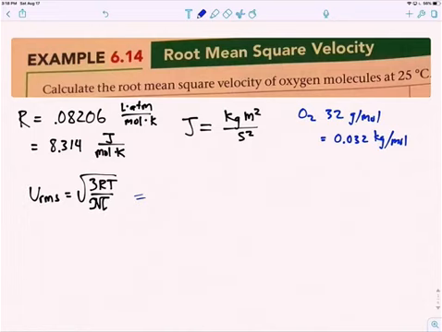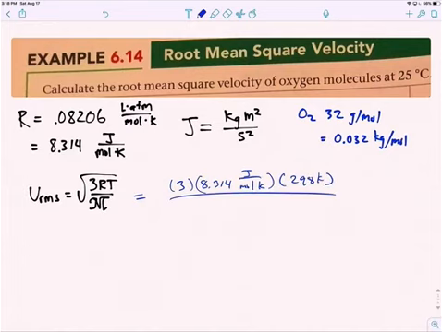So 3R, where R is 8.314 joules per mole Kelvin, times the temperature, 298 Kelvin, all over, now I'm going to use 0.032 kilograms per mole, all to the 1/2 power.